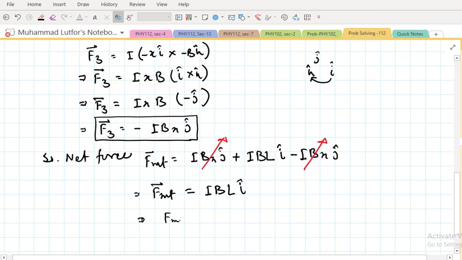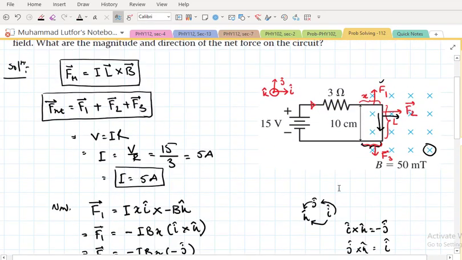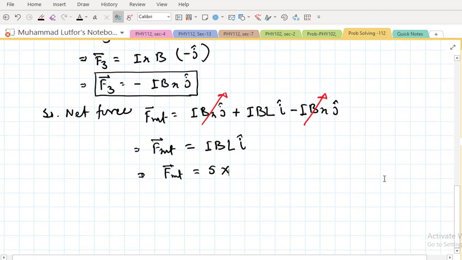So if you plug in the value of I, which is 5, and the magnitude of the magnetic field, which is 50 millitesla, that's given. So B is 50 millitesla, 50 into 10 to the minus 3, and the length is 10 centimeters, which is 10 into 10 to the minus 2 meter.